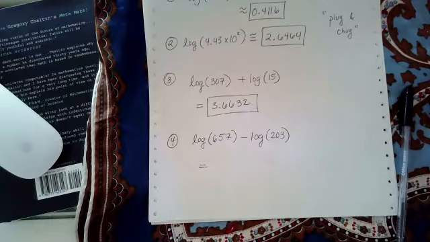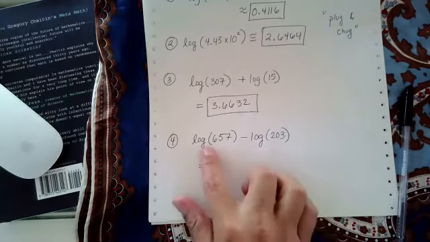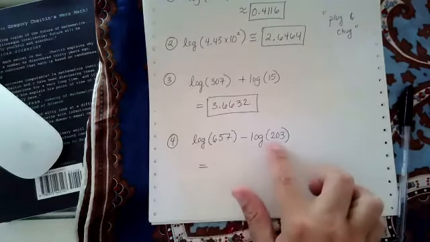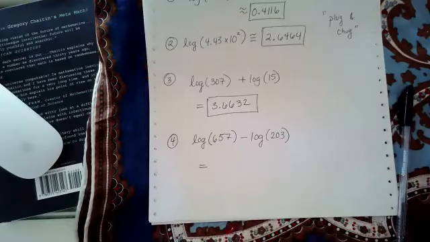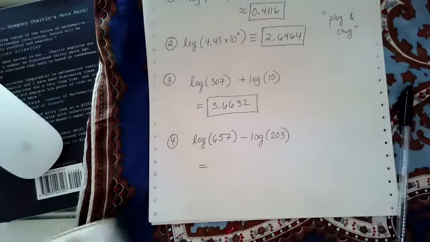Anybody got an answer for it? 2.8160. For this one here? Yeah, I think so. That's what my calculator gave me. Oh no, okay. Maybe I put an extra parenthesis. Hold on. Anybody get something different?